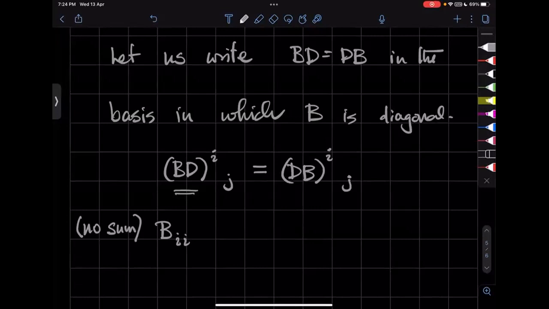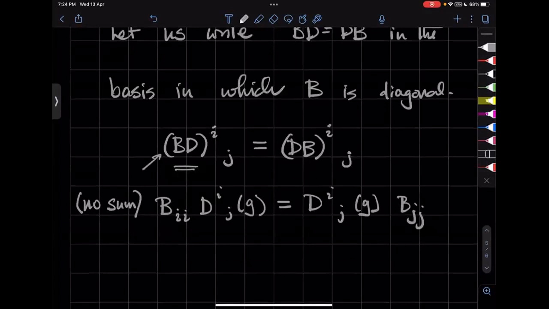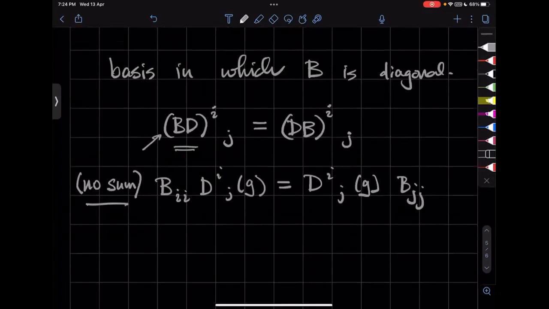So this element of this matrix can actually be written as B_II times D_IJ, and these of course depend on G. And similarly here, this will be D_IJ of G and then B_JJ. And there is no sum here, okay? This is the most important bit.